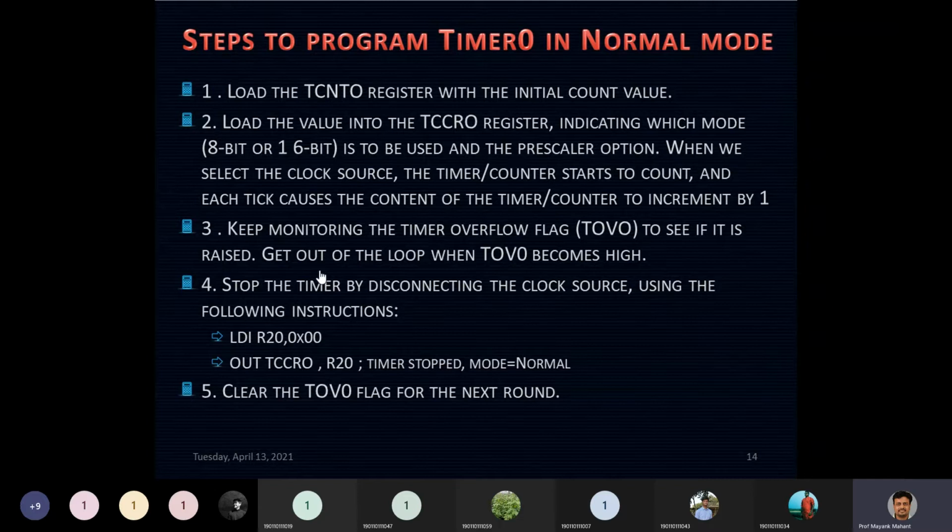It is just something different. Generally our thinking is that we need to load 0 to clear it, but in AVR, please make a note that if you want to clear any flag, you need to load 1 in it. Am I clear?